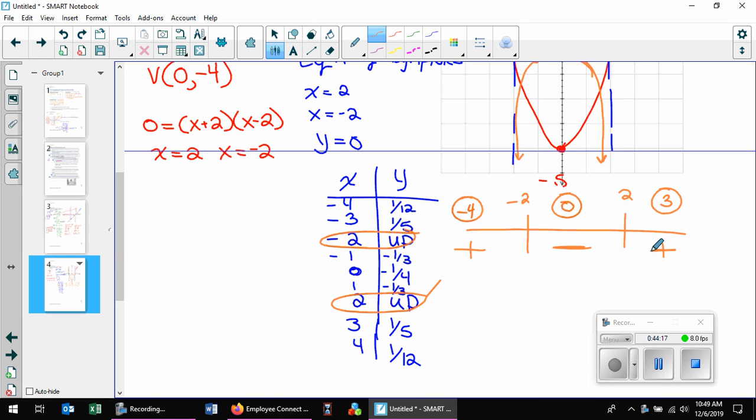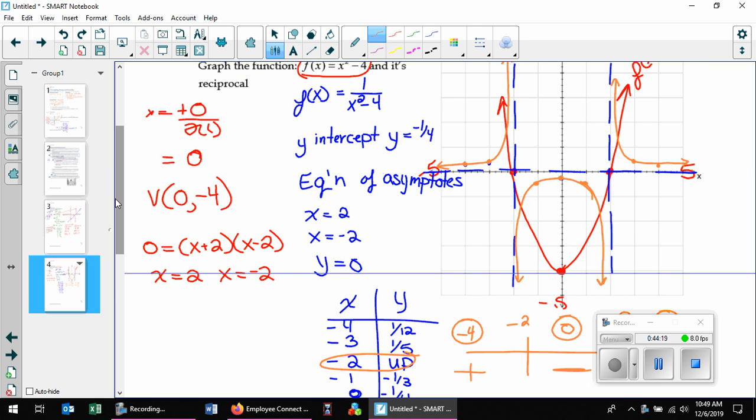So when I go to graph this, y values are positive. In between, y values are negative. Y values are positive. So it gives you the exact same result as your table of values, but I'm looking at it in a positive-negative way. The only downfall is that you have to have your y-intercept point graphed.